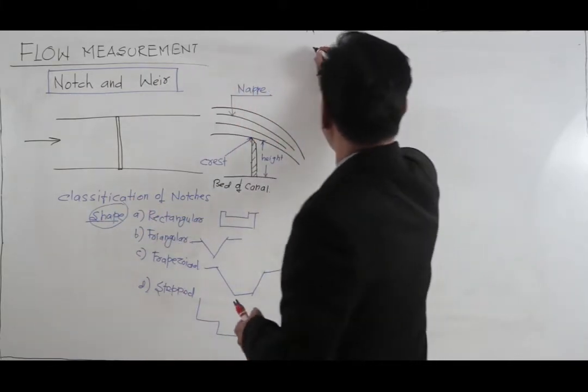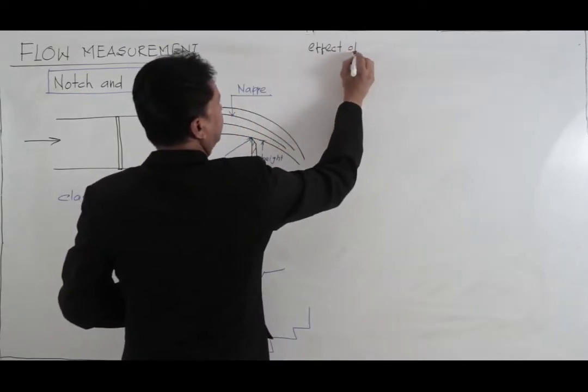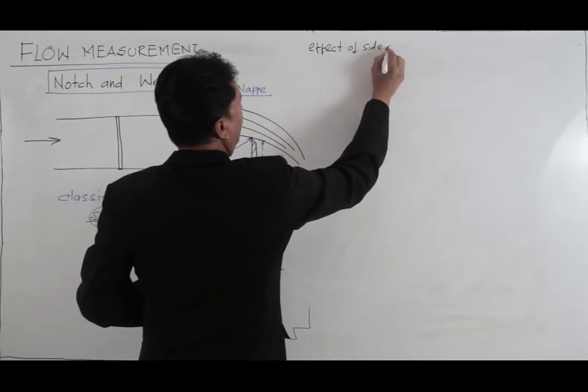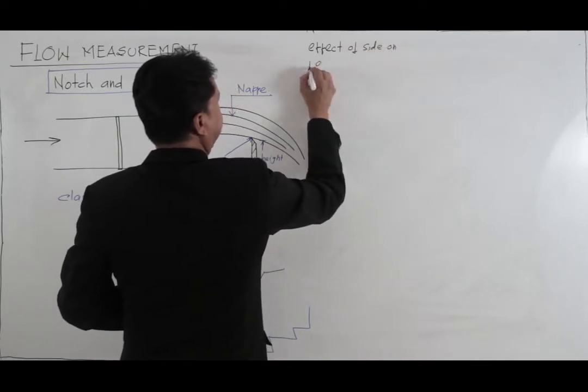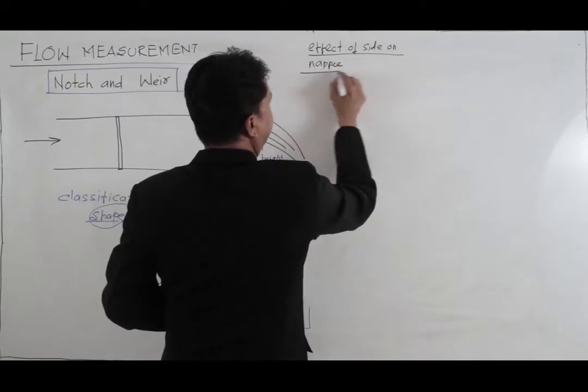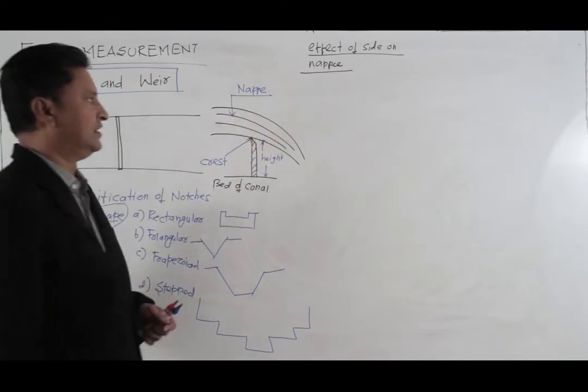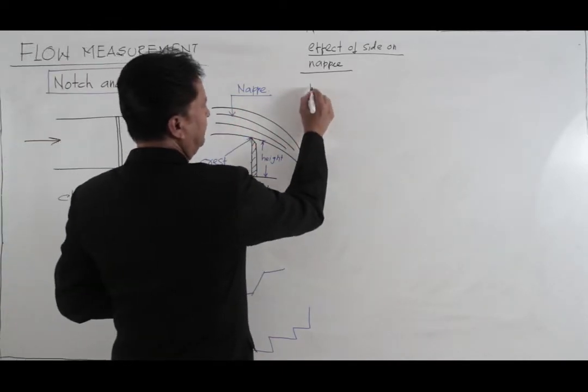Now based on the effect of side on the nappe. That is the effect of the side on the nappe. So your notch may be like this.